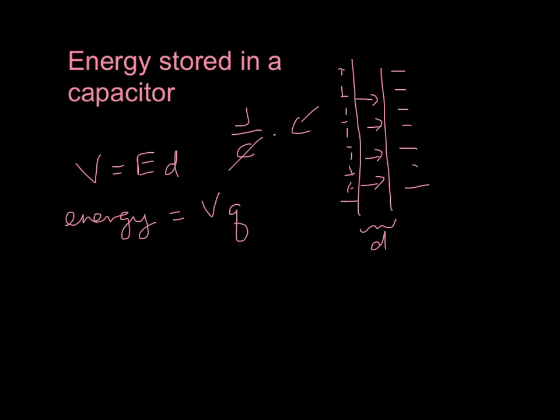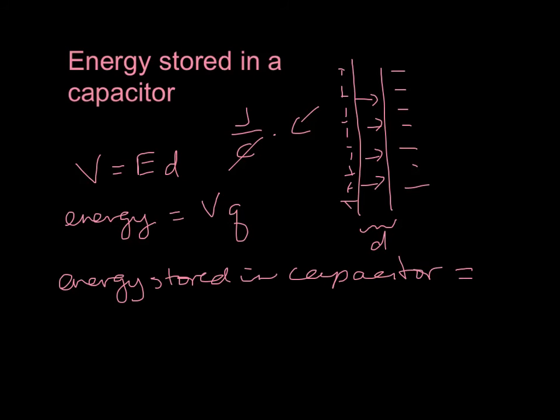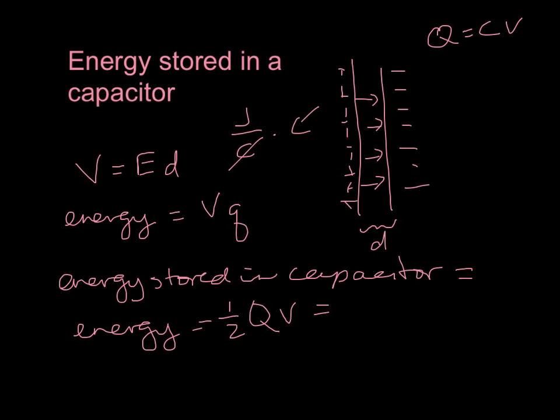So it turns out that the amount of energy stored in a capacitor equals 1/2 QV. Okay, so that's going to be our energy. So it's kind of an average charge. Once we take Q equals CV and rearrange it, we end up with a whole bunch of different forms of the equation.